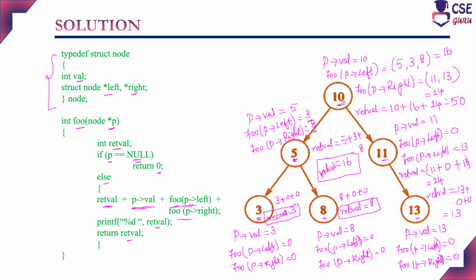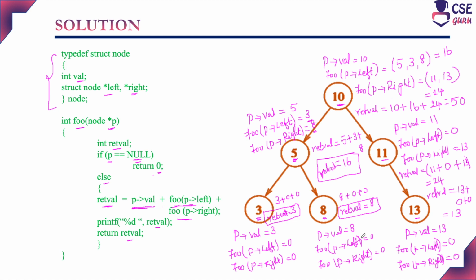And its root node result we can't find because we need to implement the foo function for its right child. So move towards its right child 11. To find the return value for this root node 11, we have to find its right child. There is no left child for 11. The right child return value is nothing but 13. So after printing 3, 8 and 16, it will print 13.